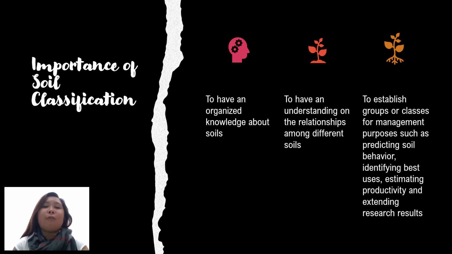And when you have number one and number two, you can establish groups or classes of soils for management purposes, such as predicting soil behavior, identifying best uses, estimating productivity, and extending research results.